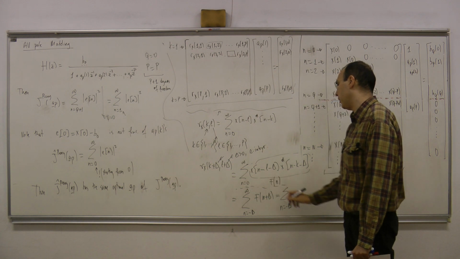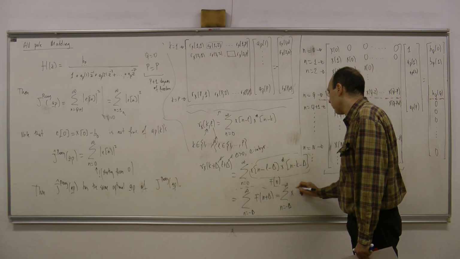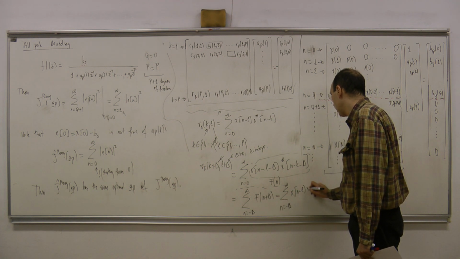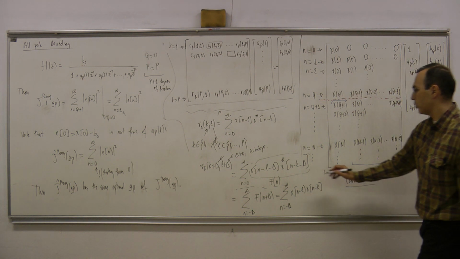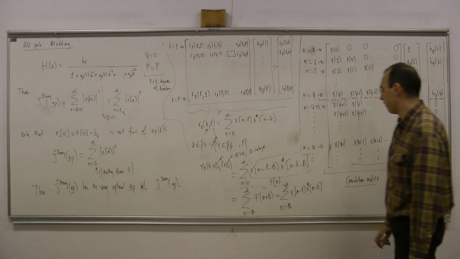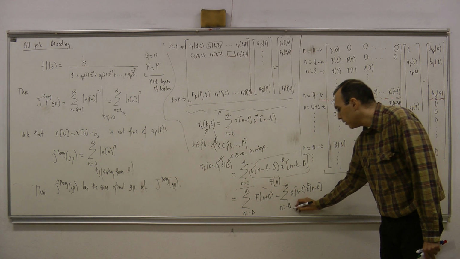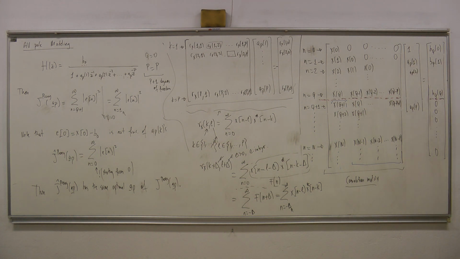This is an actual change of variables, but it's a faster way of doing things. Okay, so I'm incrementing this, n minus L, n minus K. There's a conjugate somewhere. So I have managed to cancel this, but as you see, this is starting from minus delta right now. Okay, that was expected.